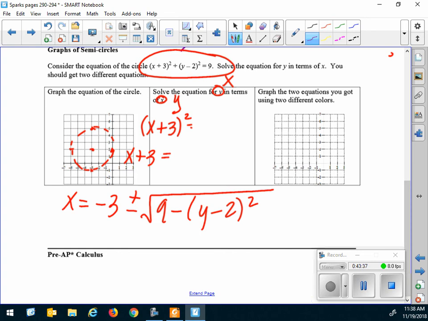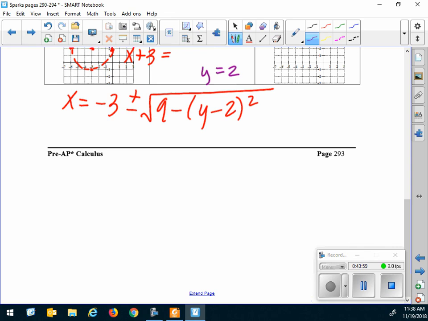Let's pick a point that I know is on that curve. Are you okay that 0, 2 is on that curve? So let's let y equal 2. Now when y equals 2, we know what x is, but just pretend you don't.